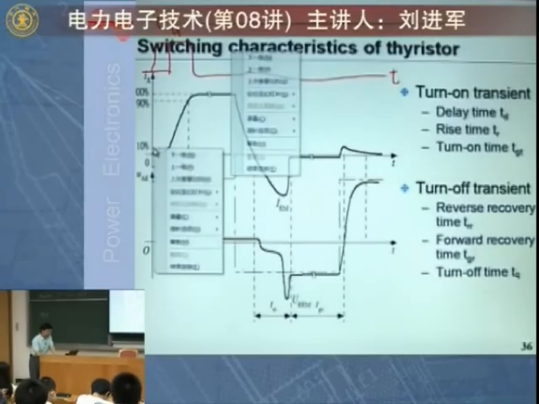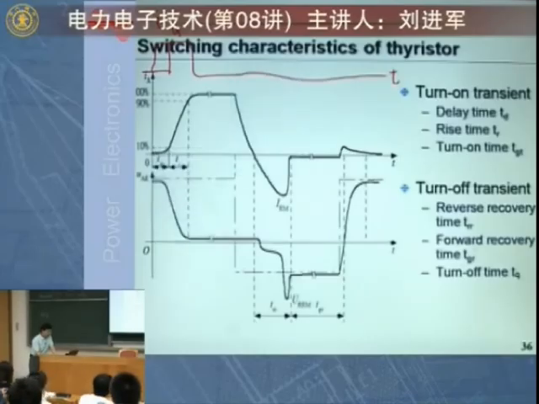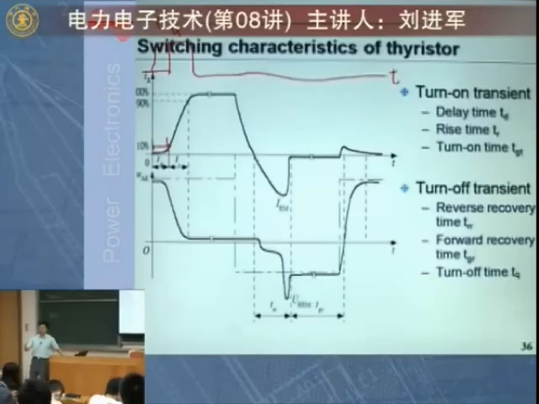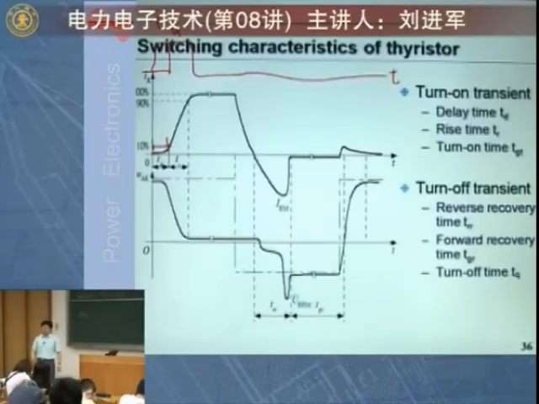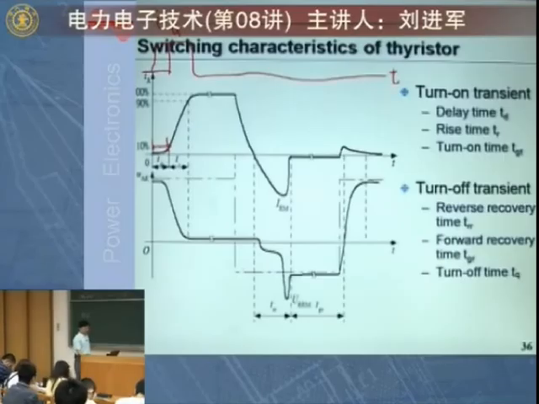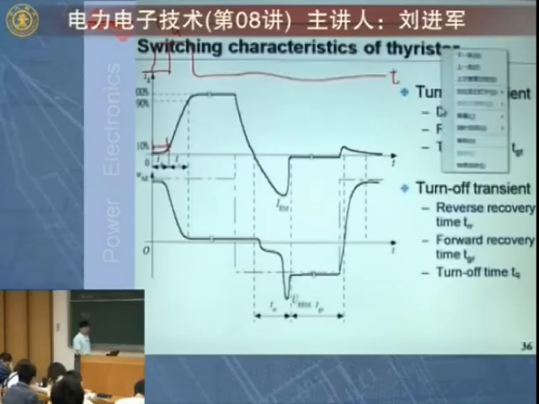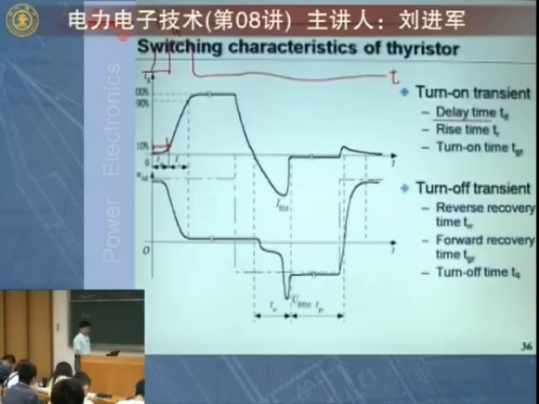Td is the time for the current of the thyristor to start to increase. This is called delay time, Td.